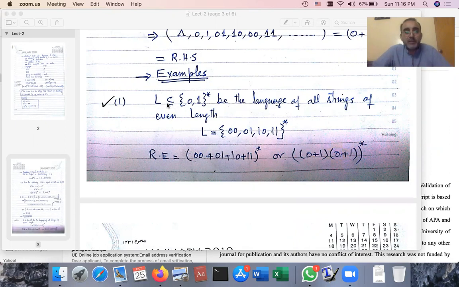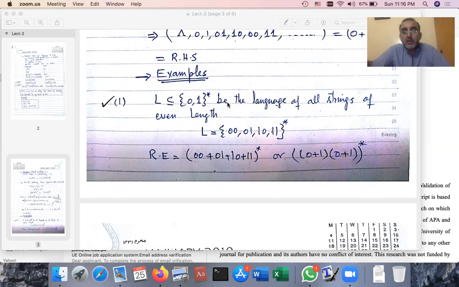For example, here, what this theoretical statement is saying: L is a subset of (0 or 1) whole star, which means all possible strings of 0 and 1s, including null. So L is a language which will contain all possible strings of 0 and 1, including null.